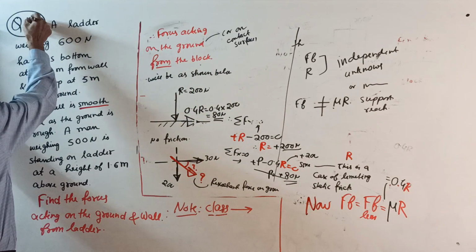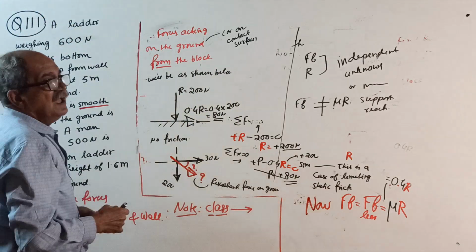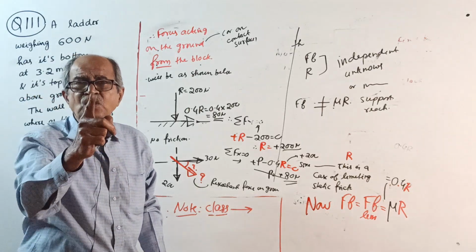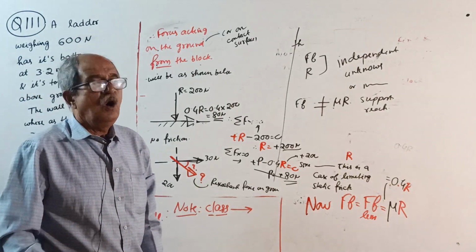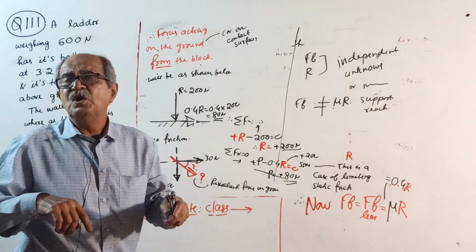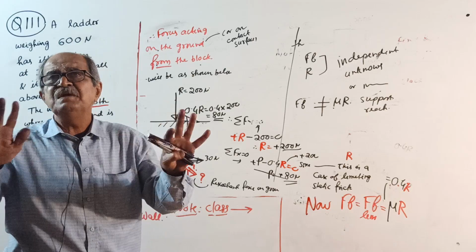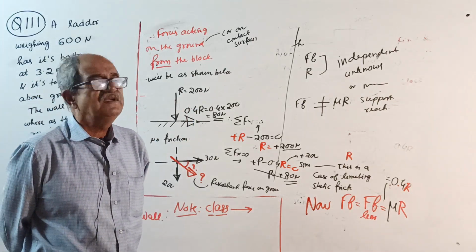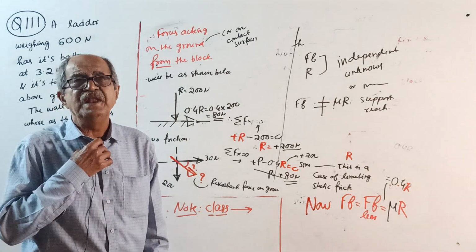Question number 111. After 111, I will give one more question, 112, which you cannot solve, or I also cannot solve based on engineering mechanics concepts. Some extra information is required; that is statically indeterminate.